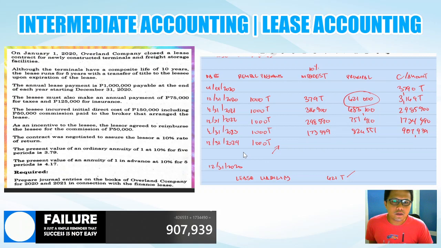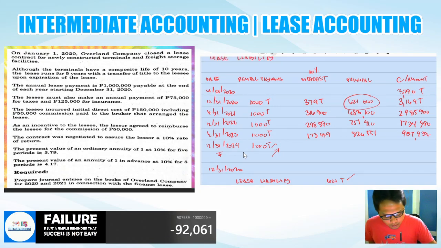In the last amortization schedule, on 12/31/2024, to be practical, because this would always cause rounding differences, to get your interest expense, we go straight to 1 million less the carrying amount on 2023. So that would be 92,061. So obviously, the applicable principal is 907,939. So this is 0.